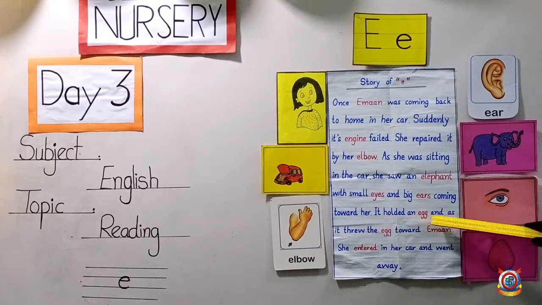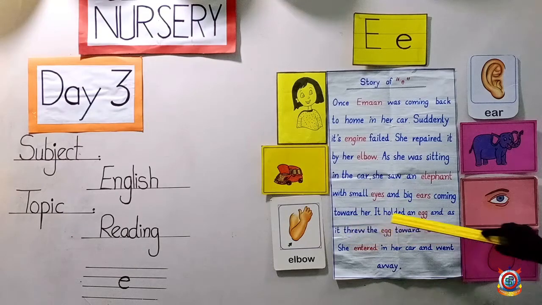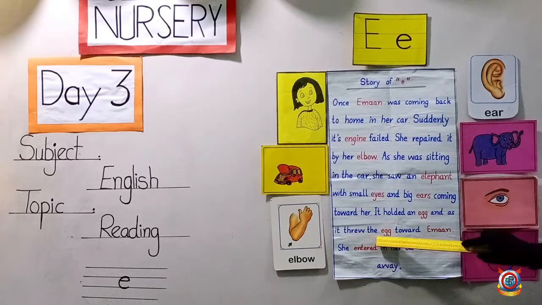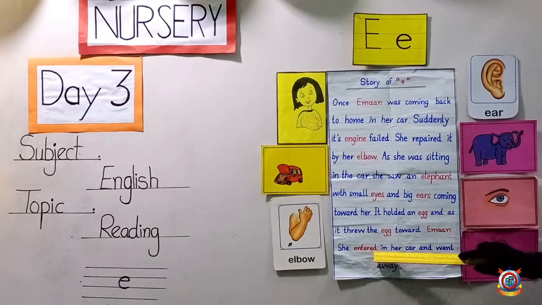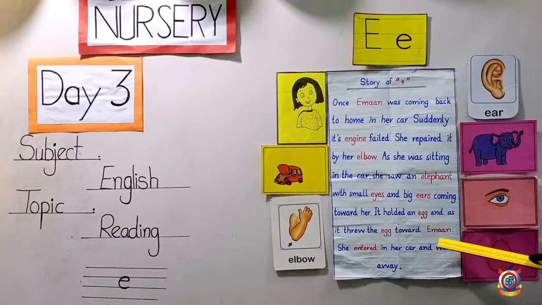It holded an egg. What it holded? Yes, an egg. And as it threw toward Iman, she entered in her car and went away.